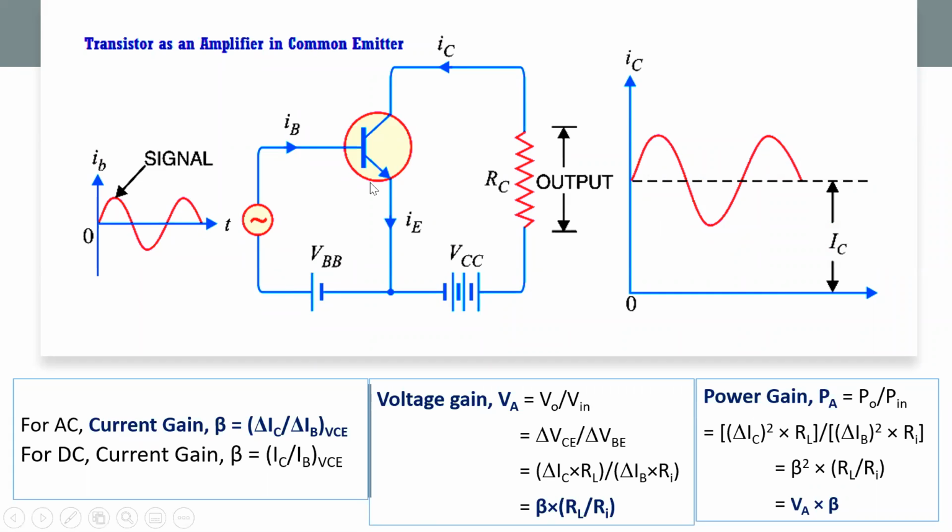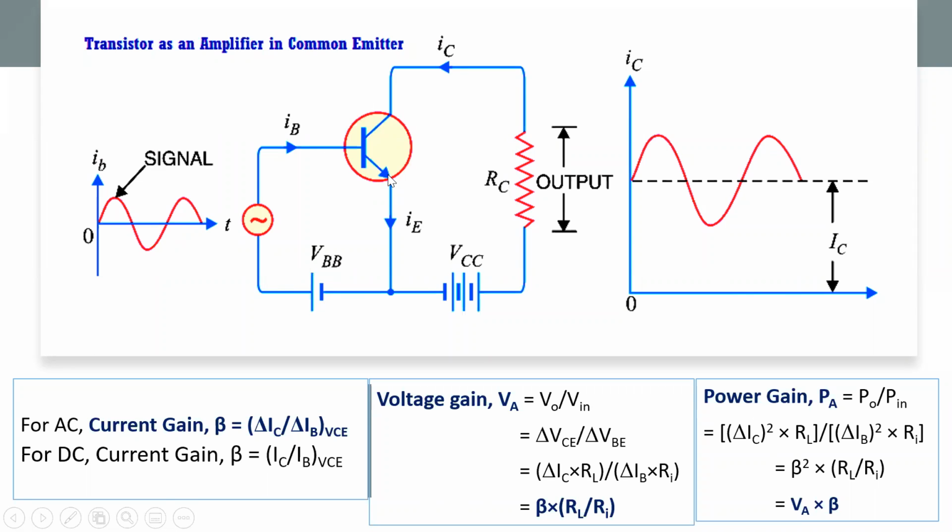Now, can you tell me what kind of a transistor this is? NPN or PNP? NPN. It's NPN because the arrow mark is from P to N. So this is a NPN transistor.